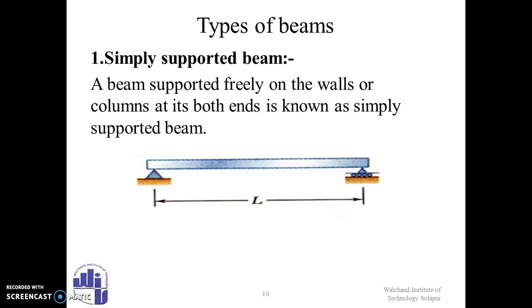So the given beam in this figure is simply supported over two supports, or you just consider the beam is supported freely on the wall or column at both ends is known as simply supported beam. If you observe this figure or this figure, the beam is simply rested over two supports. That's why we call it simply supported beam.